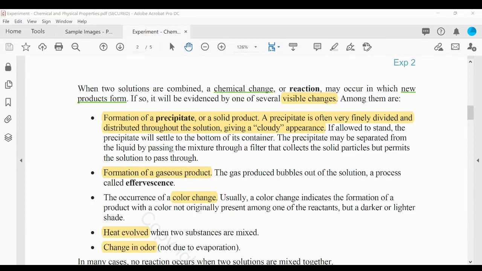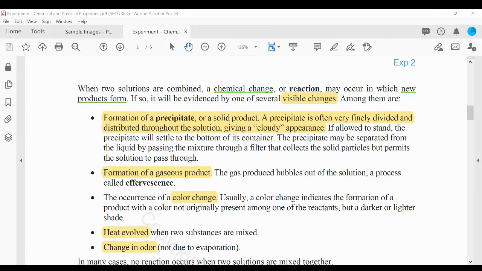Well, we're going to be alert. Here is highlighted. It says formation of a precipitate, a solid product. So what is a precipitate? Because all these terms, this is Chem 1, and I know you are just getting familiar with those terms. It's not that easy. So you hear precipitation.